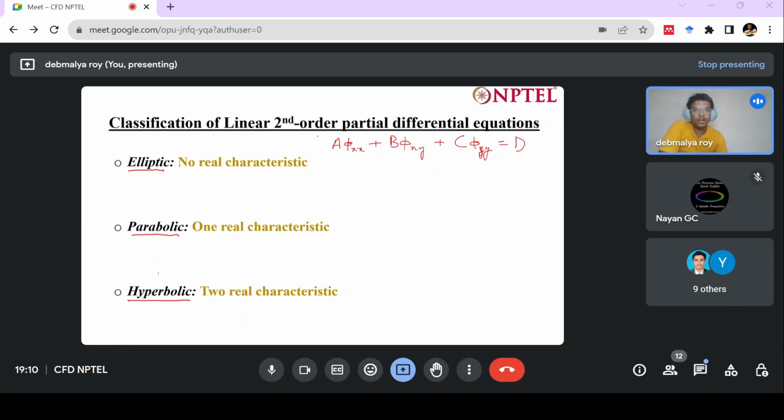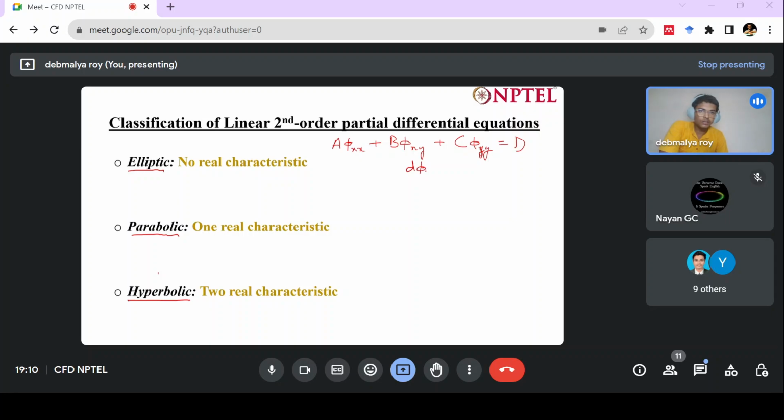And how do we classify? What we basically did was we used this equation, and we also used two other equations, where the first order partial derivatives, phi x and phi y, are totally differentiable. Total differential means they can be written like this.